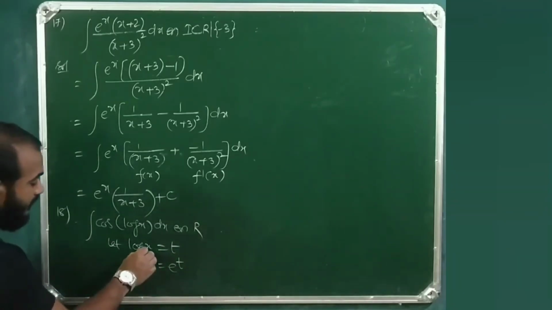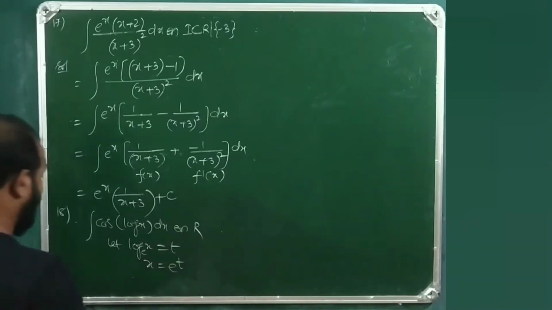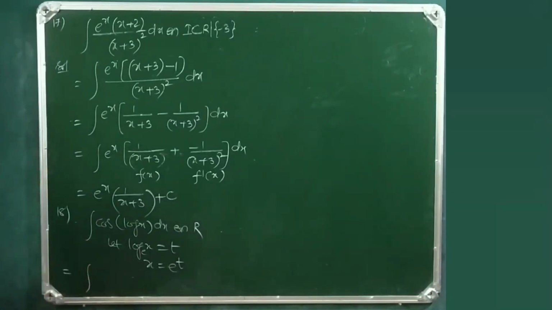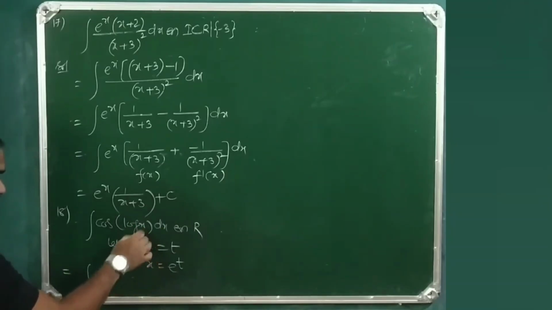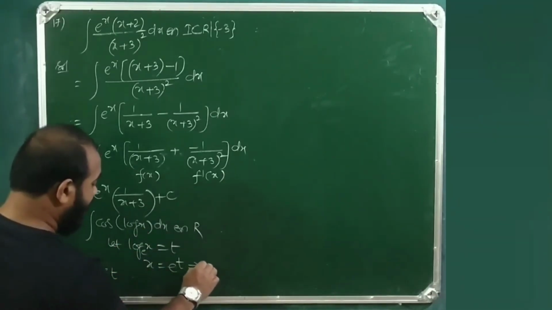So log x to the base e is t, so x is equal to e power t, and cos of log x is cos t.